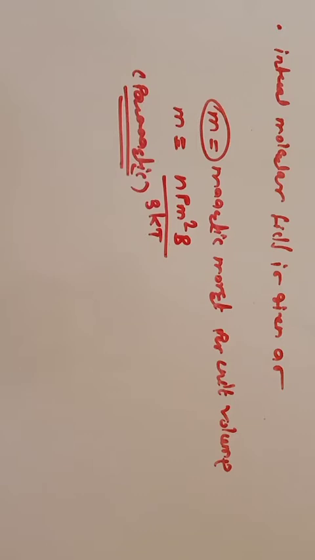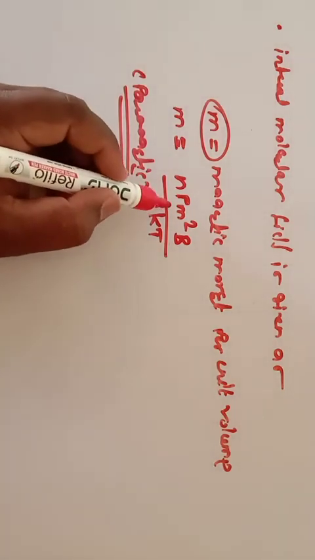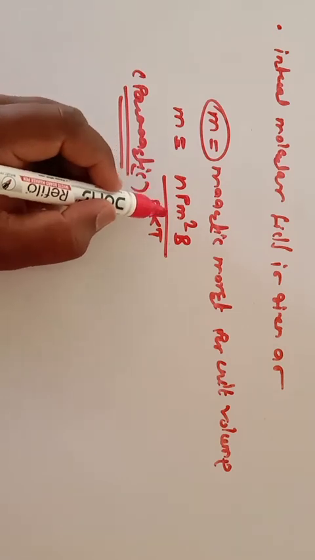B is your external field, M is your magnetic moment per unit volume, k and T are constants, N is the number of atoms, and pm is the magnetic moment.